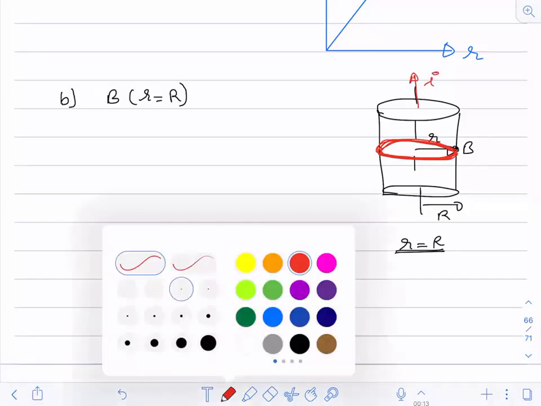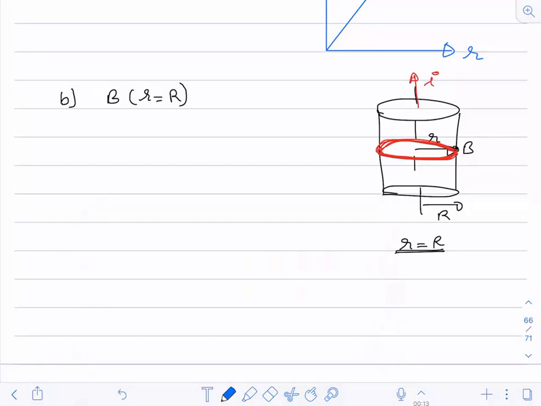If I apply Ampere's circuital law, ACL, what we have to do is B dot dl equals mu naught into I enclosed.